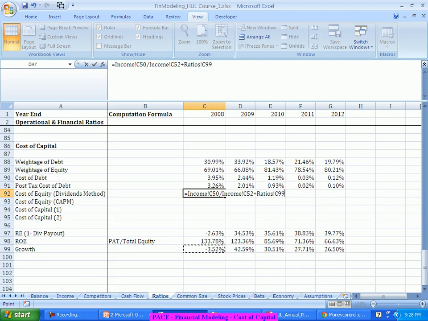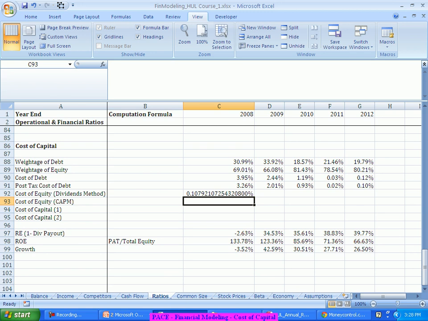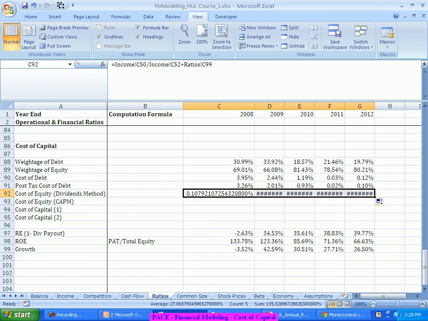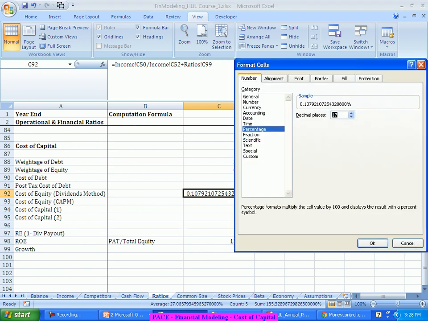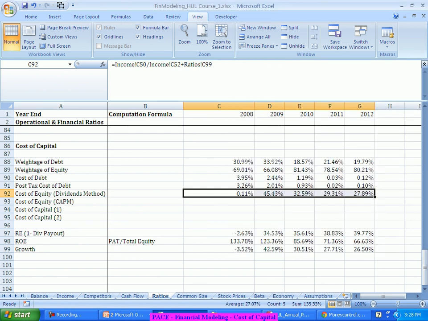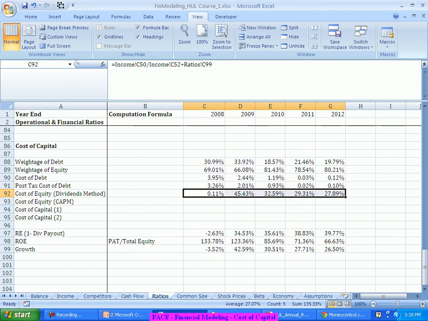This is the G. So for the first year, the cost of equity is around this much. Now we are seeing that the cost of equity is around 27% every year as per this.